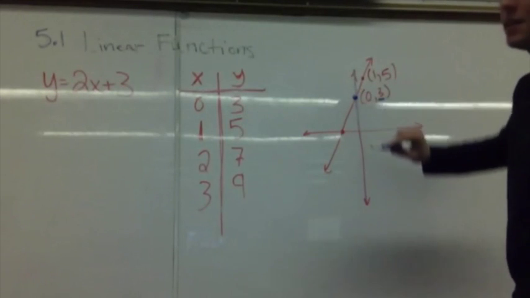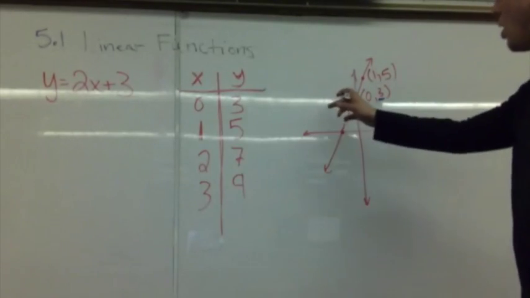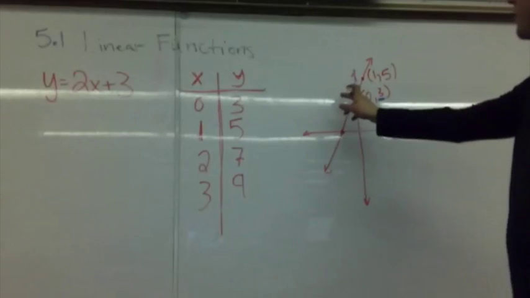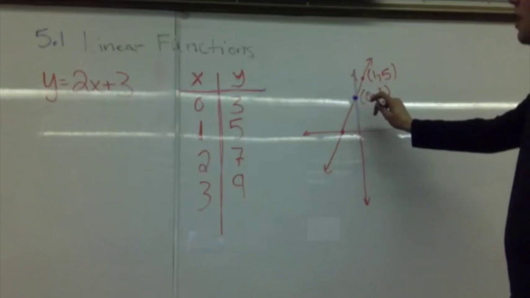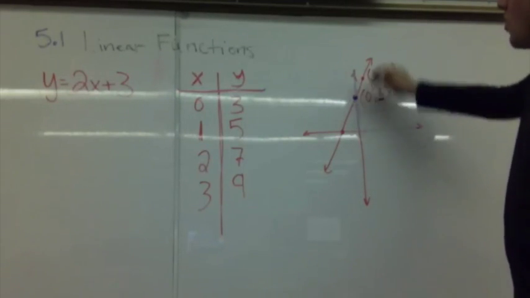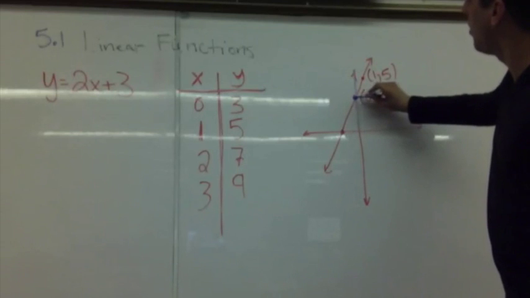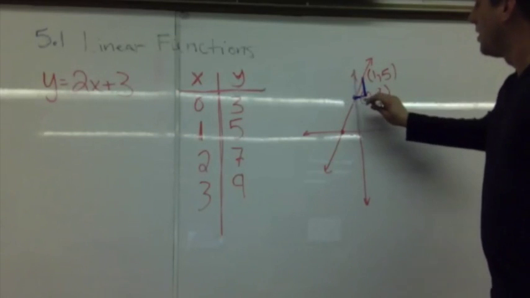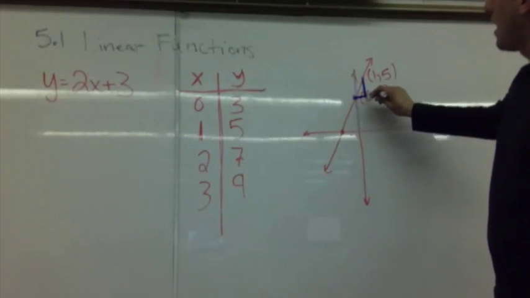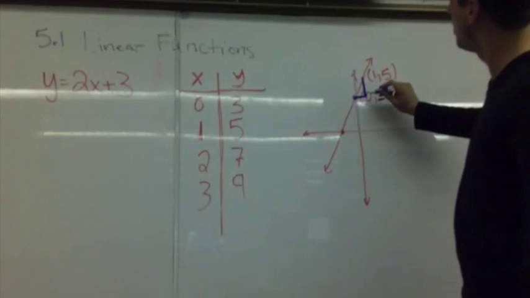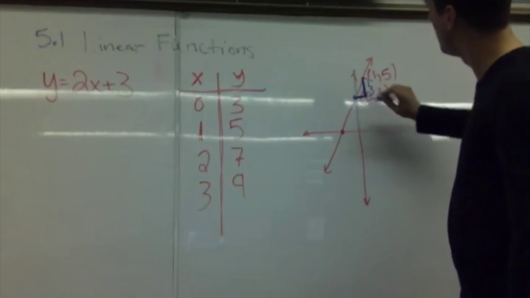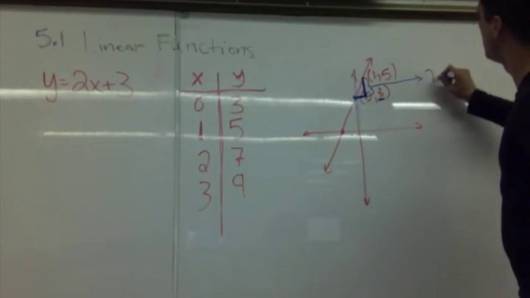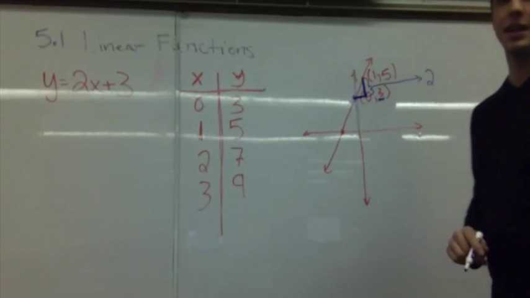M is for every 1 you go over, just like on this table, for every 1 you go over on the x-axis, how many y values do you go up? So if I go over 1, I go up 2. So right here, that is about 2 spaces upwards. So 2, that's our m value.